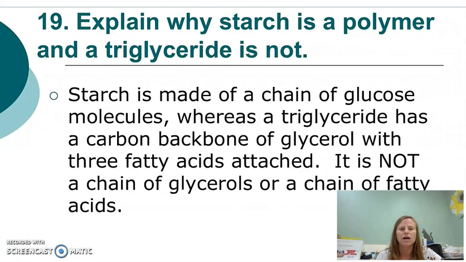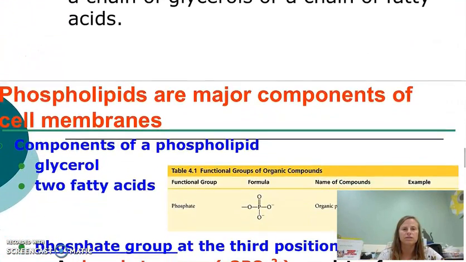Explain why starch is a polymer, but a triglyceride is not. A triglyceride is another name for a fat. The components of a fat are not just glycerol monomers or fatty acid monomers, whereas a starch's building blocks are monomers of glucose. Therefore, starch is a polymer, while triglycerides, or fats, are not.